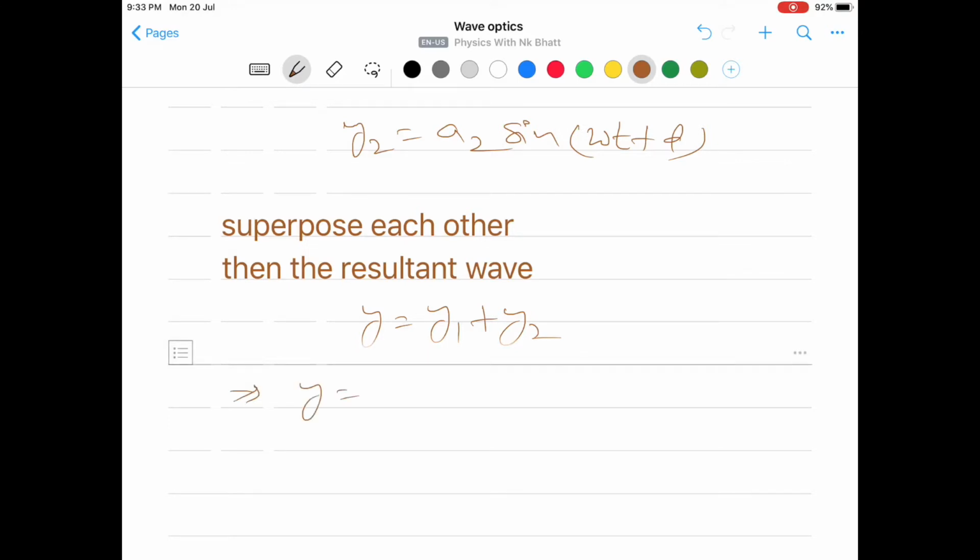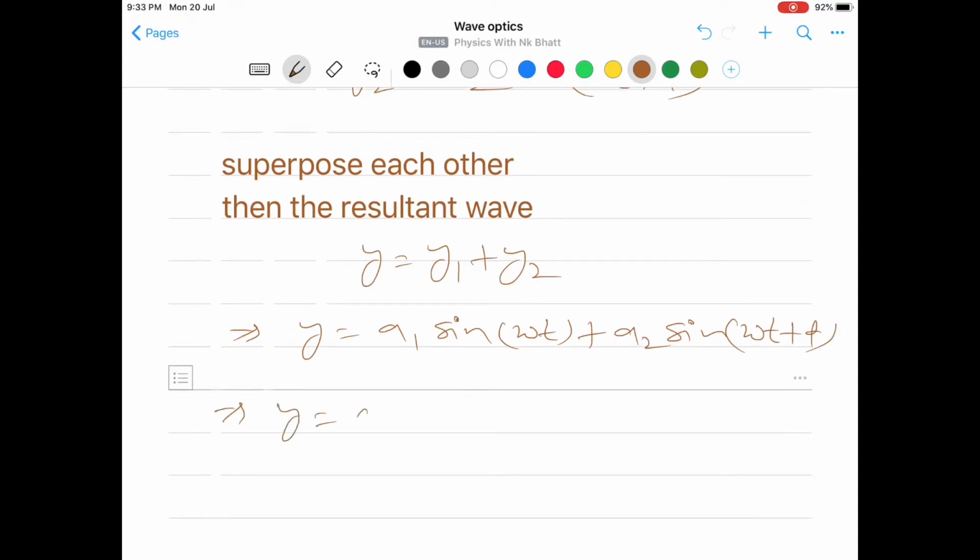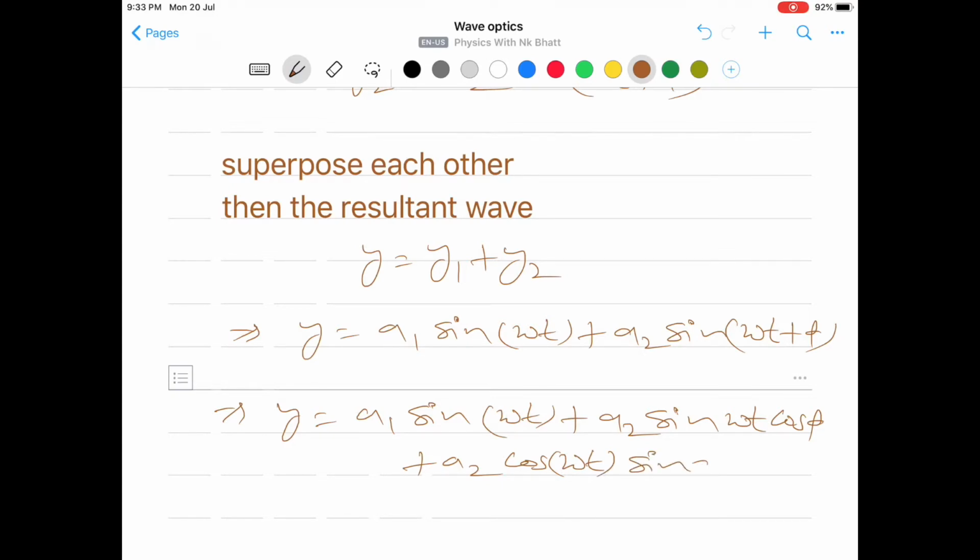If you replace for both, y1 is a1 sine omega t and y2 is a2 sine omega t plus phi, and just open the second function. y is equal to a1 sine omega t plus a2 sine omega t cos phi plus a2 cos omega t sin phi.